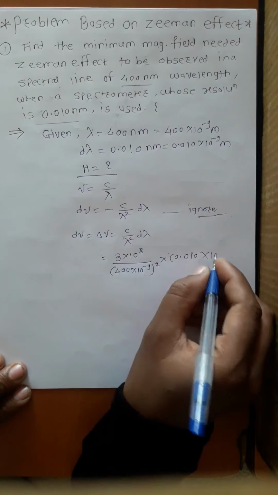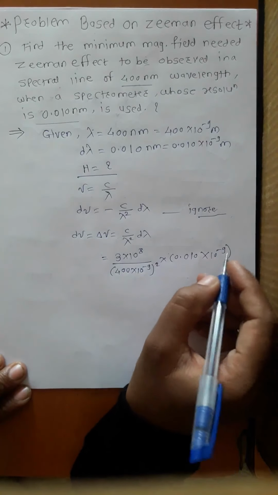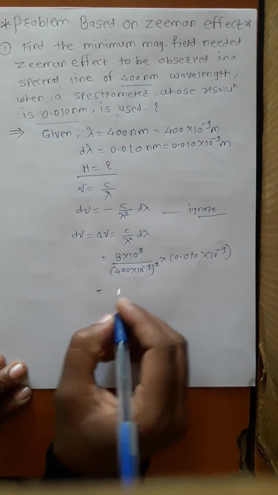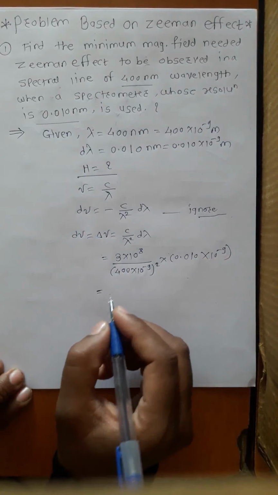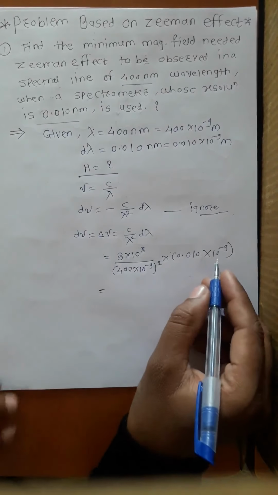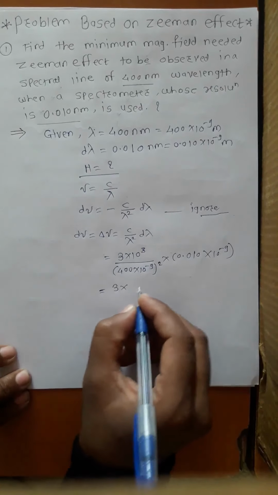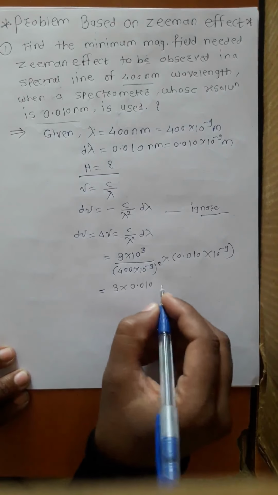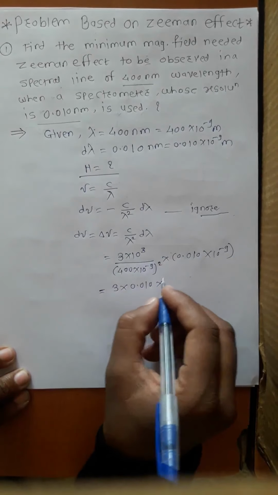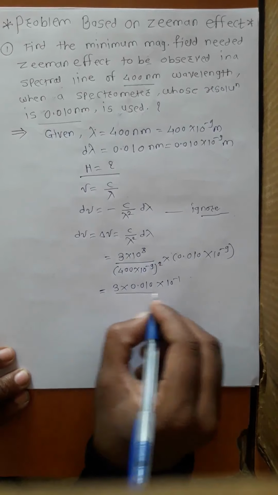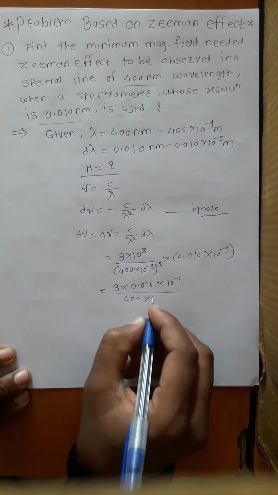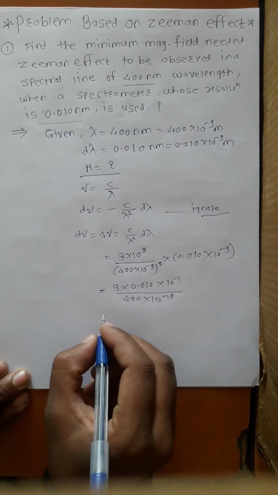Into d lambda, which is 0.010 into 10 raised to minus 9. Now this is 3 into 0.010 into 10 raised to minus 9, 10 raised to minus 1, divided by 400 into 10 raised to minus 18.